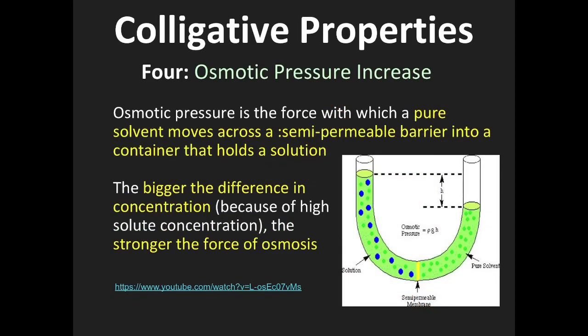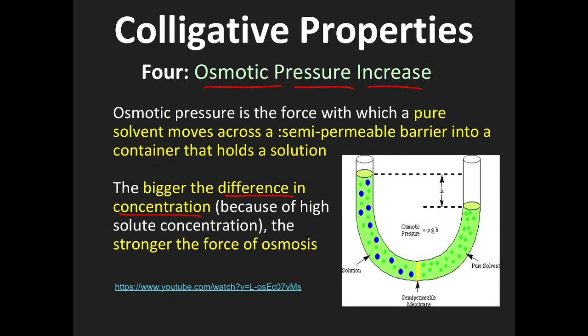So as I mentioned, there are 4 colligative properties that determine how your solution is going to change as you add solute and increase the saturation of your solution. So that fourth one, the main thing you need to know about it is the osmotic pressure is going to increase. That is due to that difference in concentration.